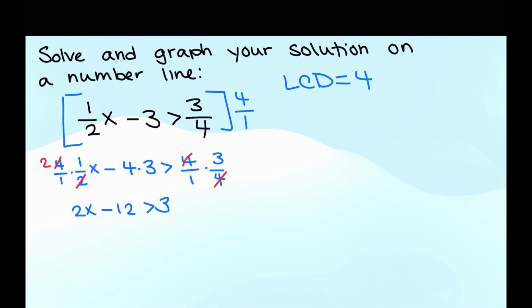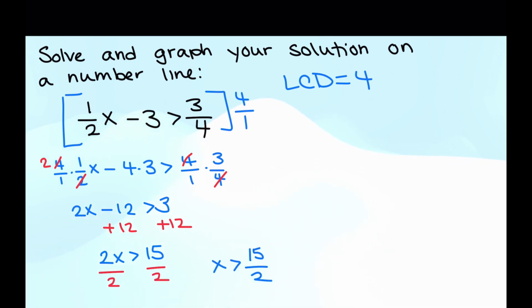So 2x minus 12 is bigger than 3. To solve for x, we're going to add 12 to both sides. So 2x is bigger than 15. Finally, divide by 2. X is bigger than 15/2.